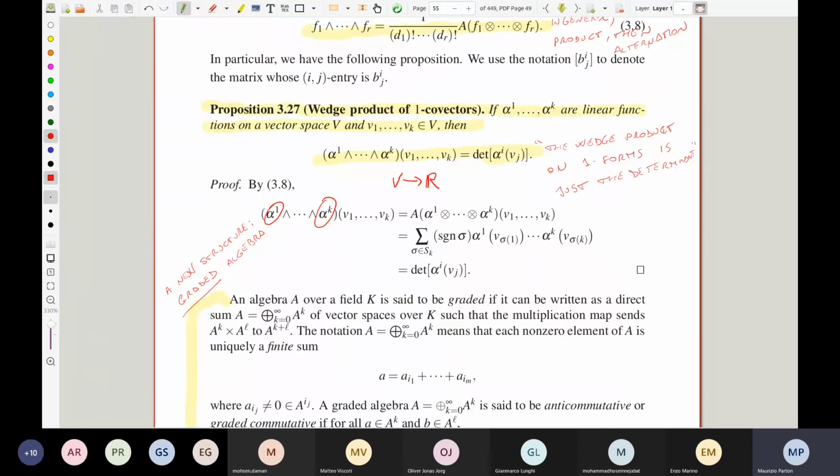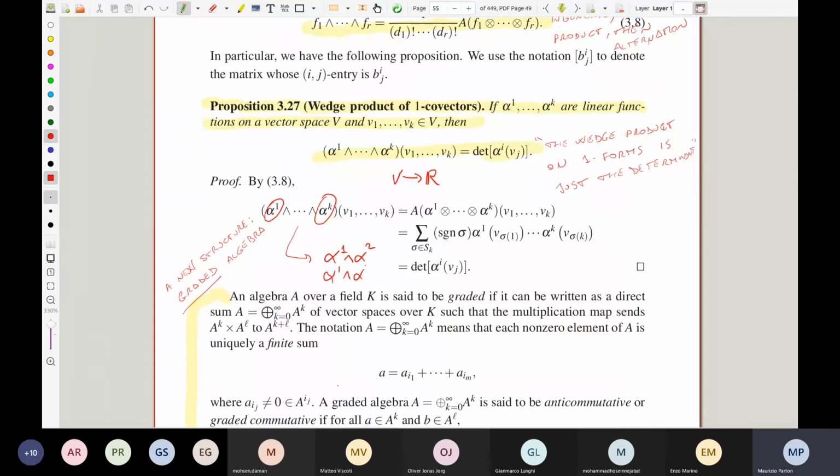Then you have a basis for the degree 2 alternating forms. If this is a basis, this means that alpha 1 wedge alpha 2 is an alternating 2-form. And it is not surprising that all the set made this way, alpha 1 wedge alpha 4, and so on, and then alpha 2 wedge alpha 3, alpha 2 wedge alpha 4, and so on, gives a basis for the degree 2 alternating forms.